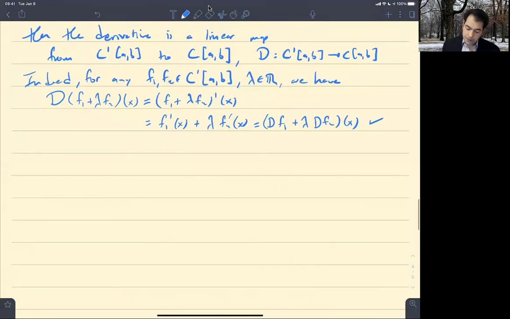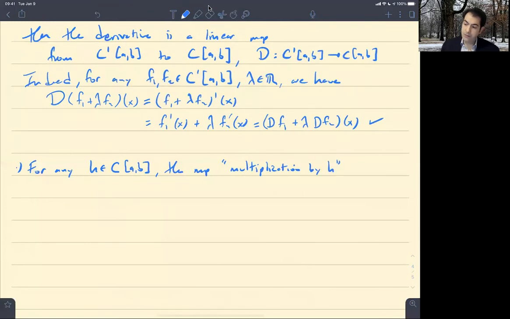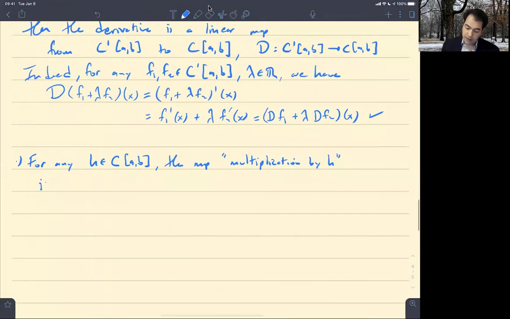Another example: take any continuous function h defined on AB, then the map multiplication by h is a linear map from continuous functions to continuous functions.